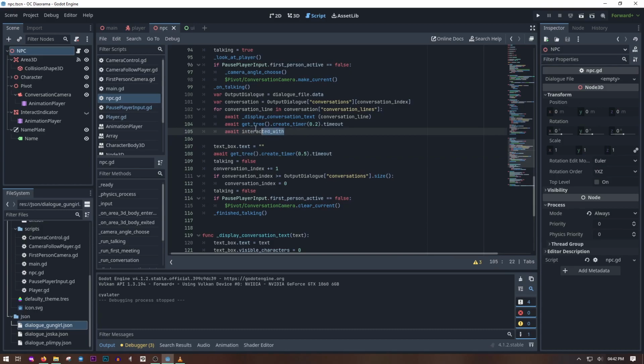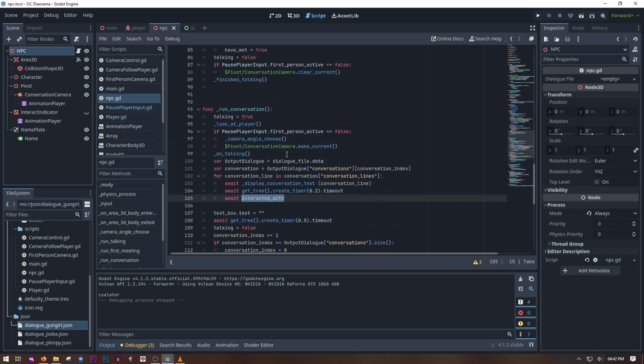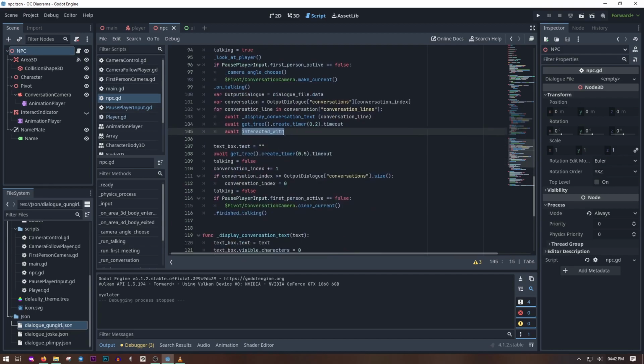So basically it's waiting for us to press the button to continue, and once all of this is done, it just moves on to text box text 0. Maybe that's 0 because we're showing nothing. Because when they're finished talking, we have a 0.5 timeout, and then all of it goes back to nothing. All this happens. Talking is no longer the case.